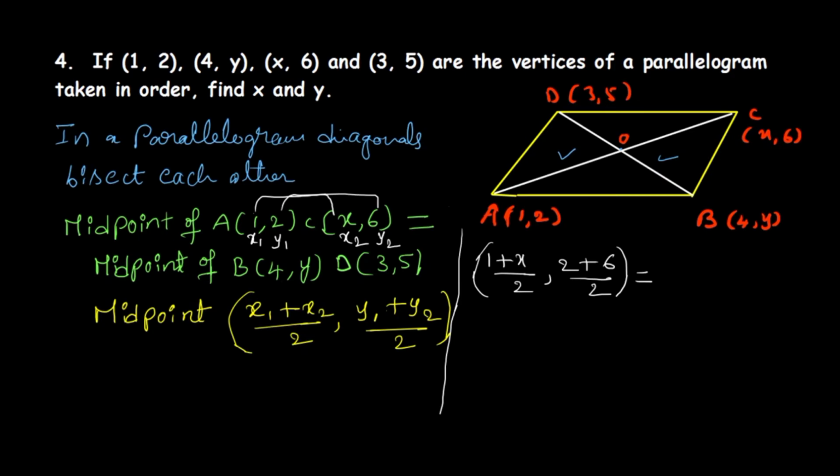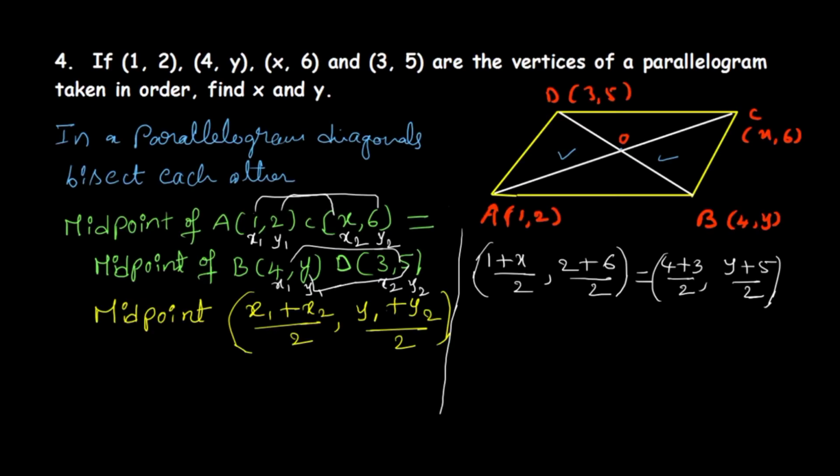B is x1, y1 and D is x2, y2. So (4 plus 3) by 2, and (y plus 5) by 2.